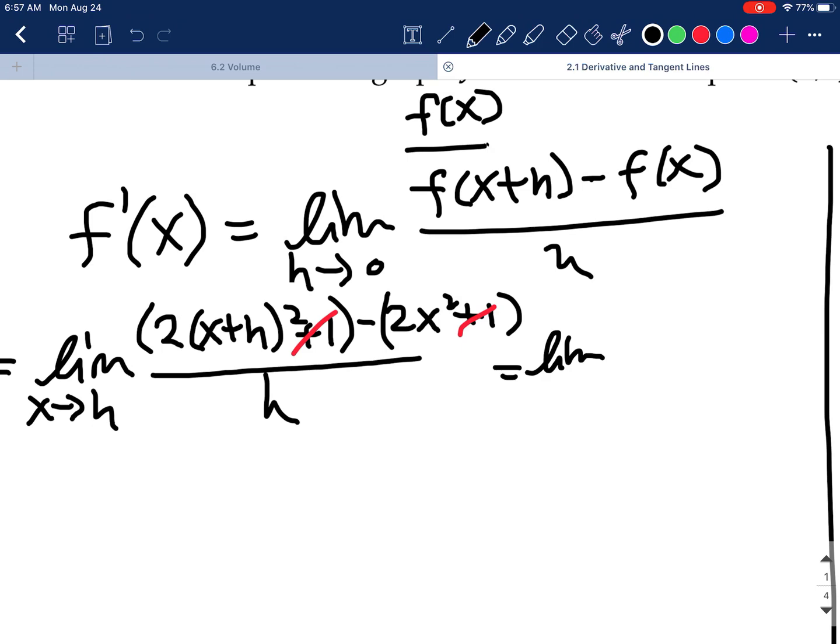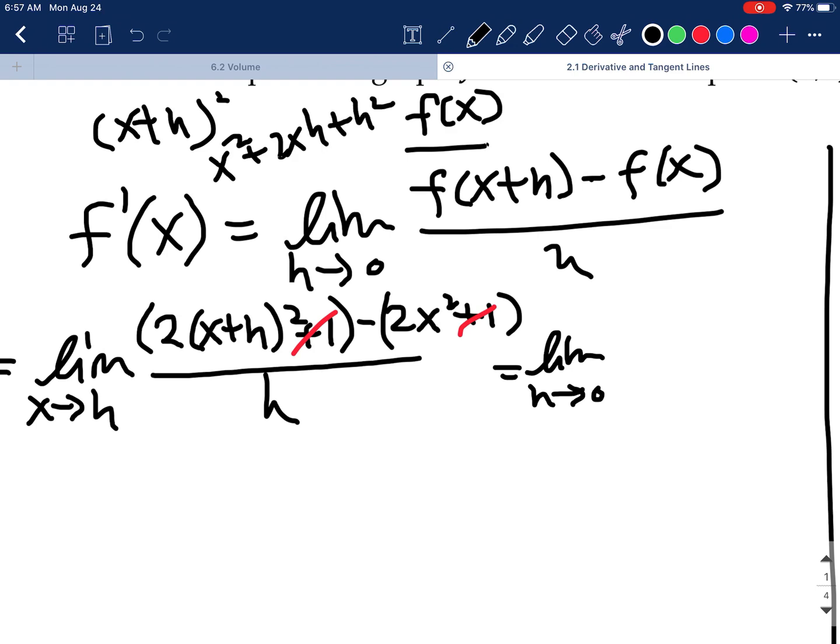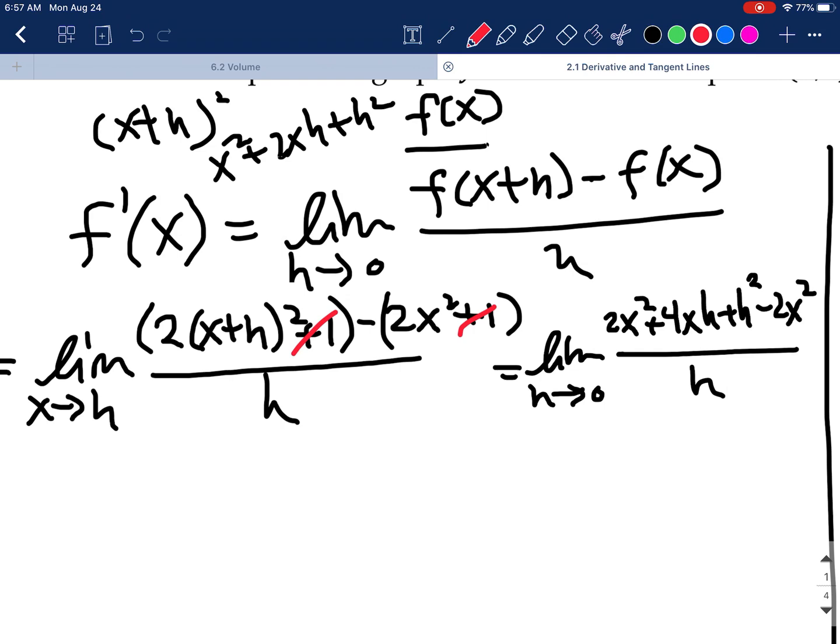So we'll get that this equals the limit as h goes to 0. If I distribute out (x plus h) squared, it's going to be x squared plus 2xh plus h squared, all times 2. So you're going to get 2x squared plus 4xh plus 2h squared minus 2x squared all over h.